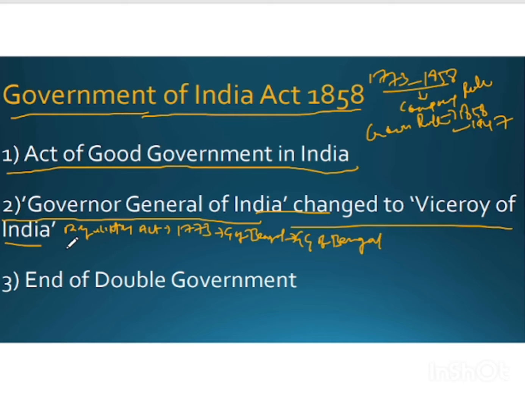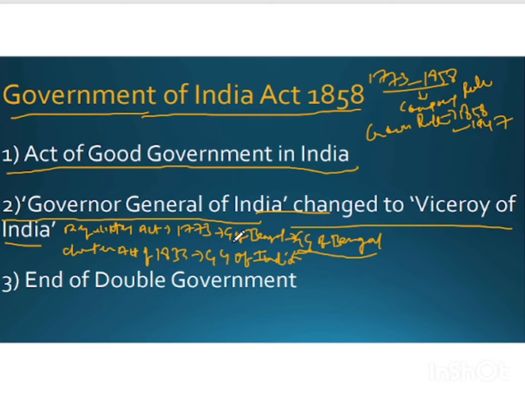Through the Charter Act of 1833, this Governor General of Bengal changed to Governor General of India. GG stands for Governor General, GG of India, right?